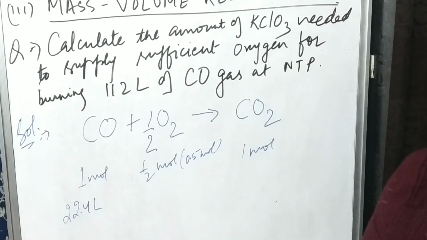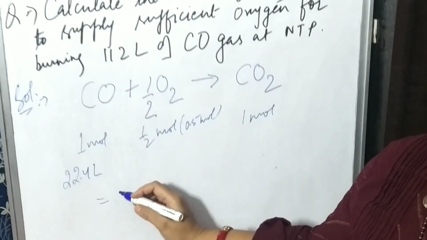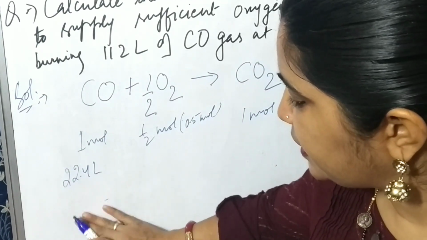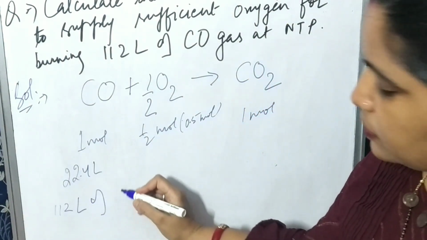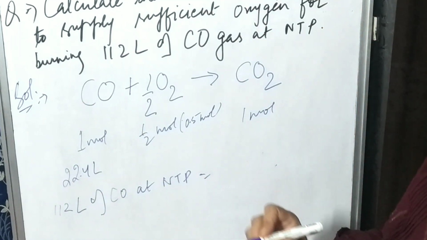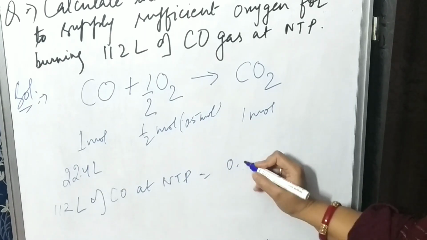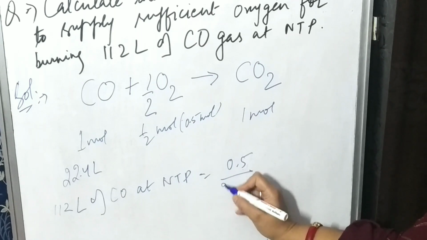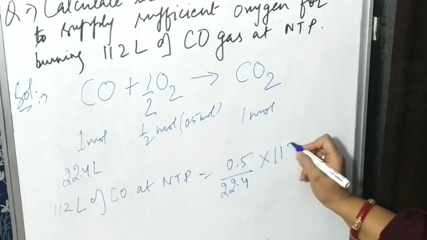Instead of half you can write 0.5 moles, which will help you when you do the calculation. So the amount for 112 liters of carbon monoxide at NTP will be 0.5 by 22.4 into 112.